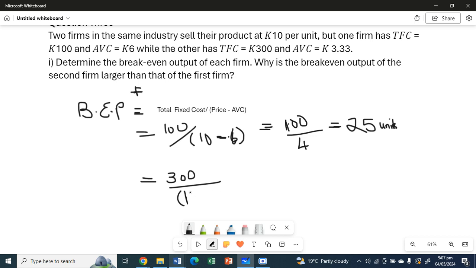Let's get our calculators. 10 minus 3.3 is 6.7. 300 divided by 6.7.